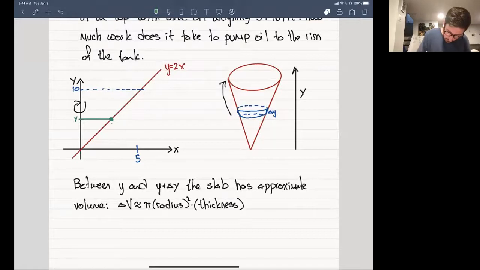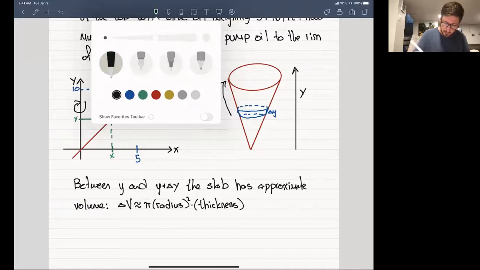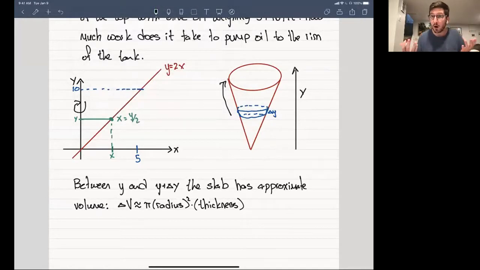Well, that distance is wherever I am on the x-axis, and I'm lying on the curve, so I can rearrange the expression y equal to 2x to solve for x in terms of y, because the distance is exactly x. So this gives me x, which is equal to y over 2. So what this tells me is that my radius is equal to y over 2, right? It's the distance I've moved along the x-axis to get to the curve.